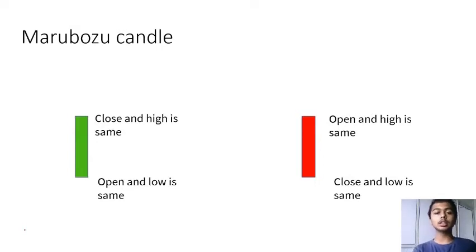So what does this candle indicate? If it's a bullish candle, it indicates there is buying pressure at every single given time. Okay, let's say it's the candle of one day. So during that day there was buying pressure at whichever the price was.